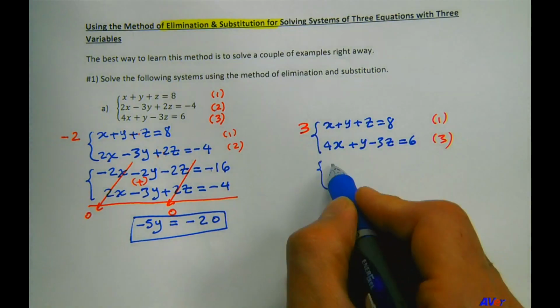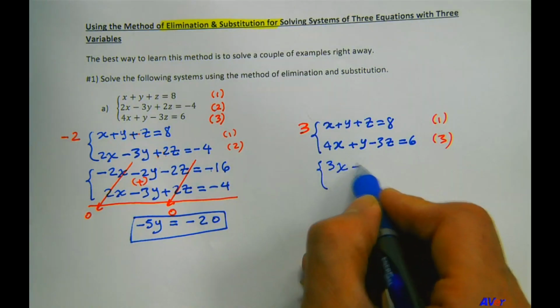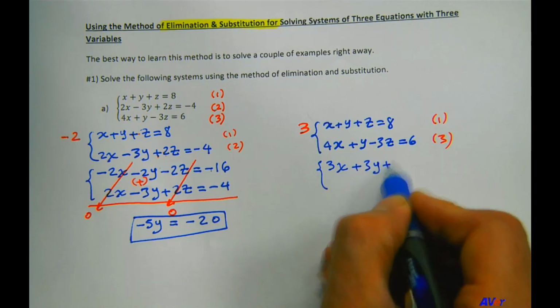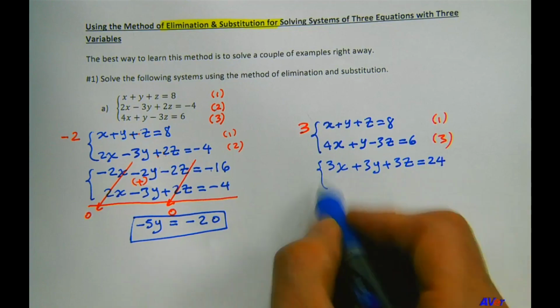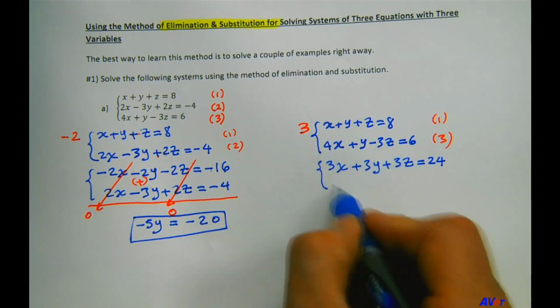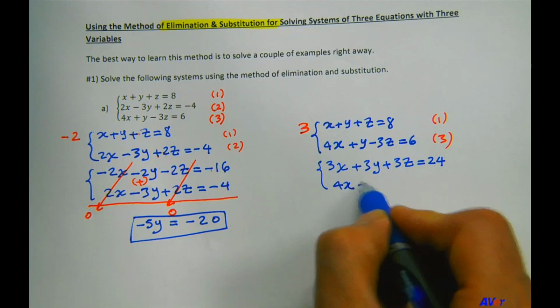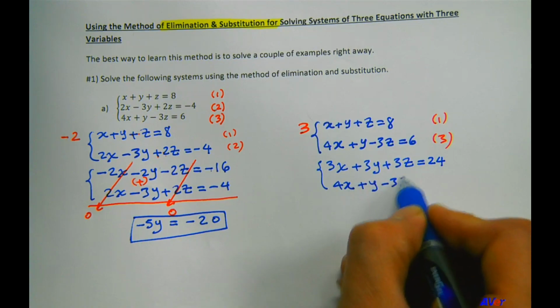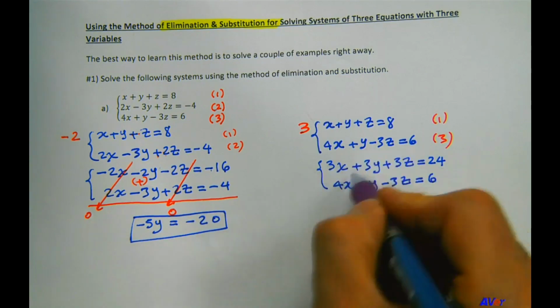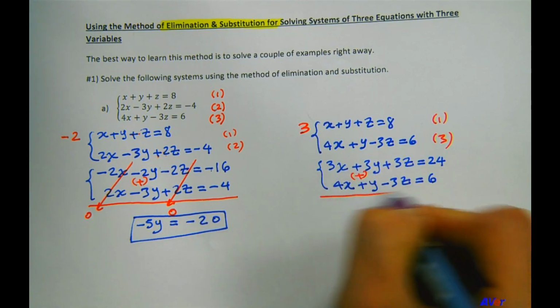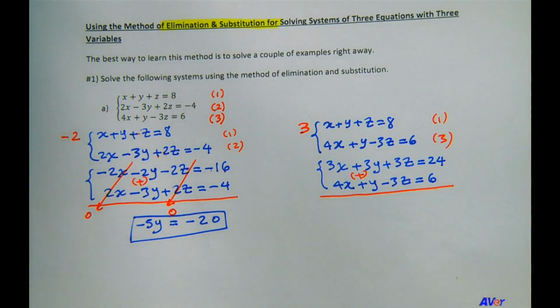We're going to get 3x plus 3y plus 3z equals 24. The bottom equation stays the same: 4x plus y minus 3z equals 6. Let's add the two equations together. What do we end up with?